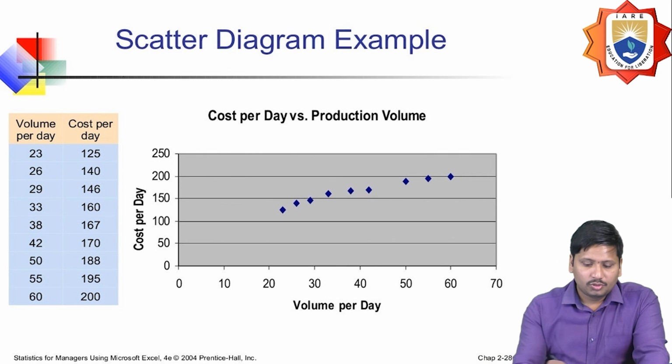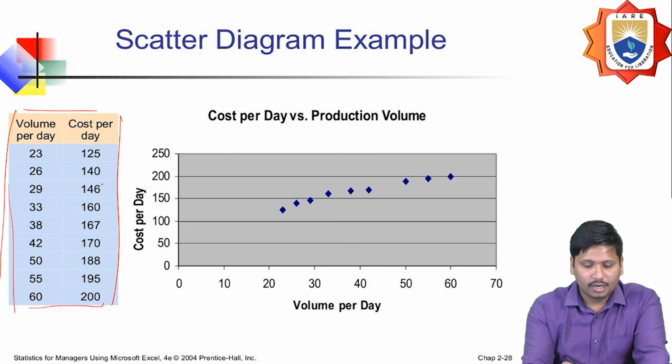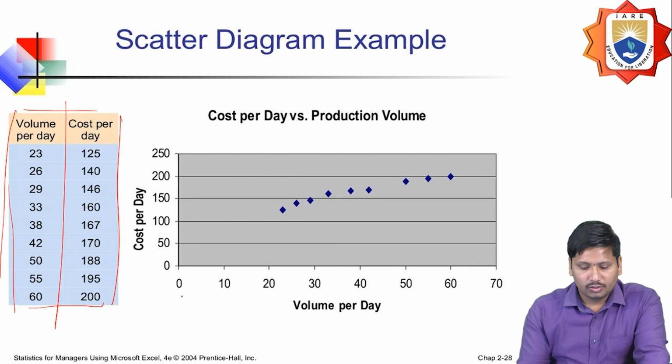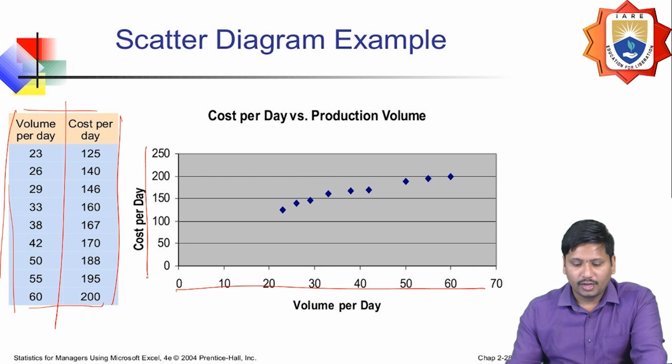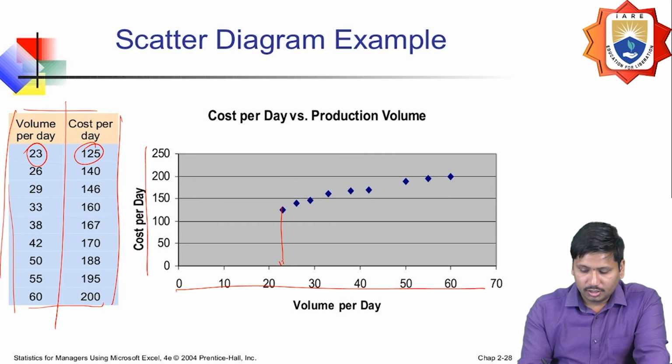So this is the data I have initially: volume per day and cost per day. How do we construct this scatter diagram? Take the values of volume per day on the x-axis and cost per day on the y-axis. For volume 23, the value is 125, so mark it.